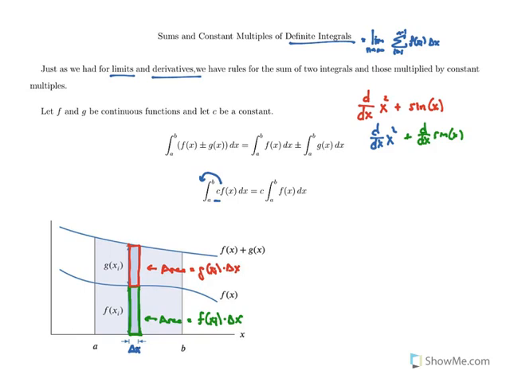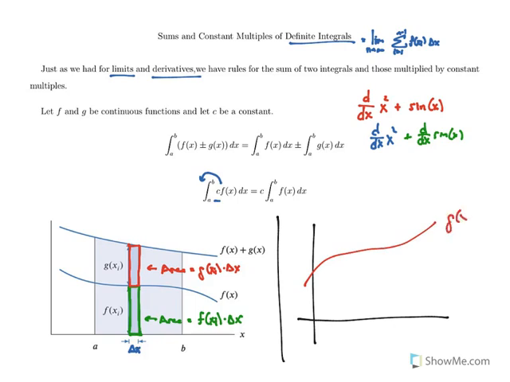Another way to think about it, if you think about subtraction, if you had a bigger function g, smaller function f, and you wanted to look at g minus f, then you could think about the area from A to B, right?